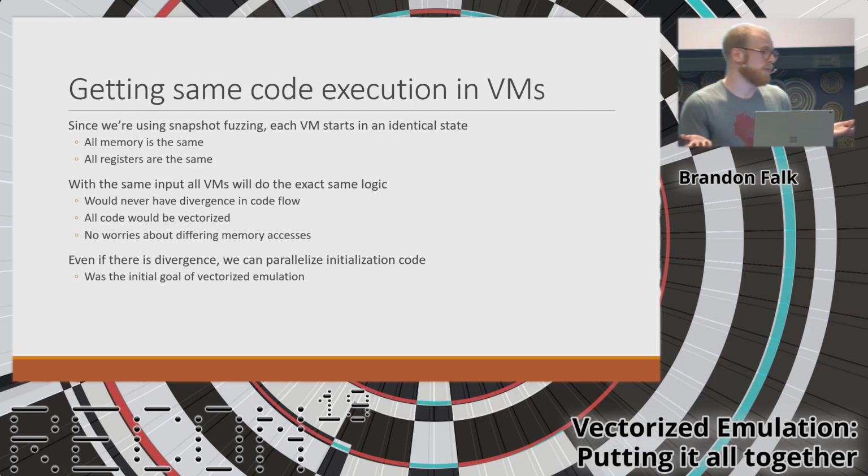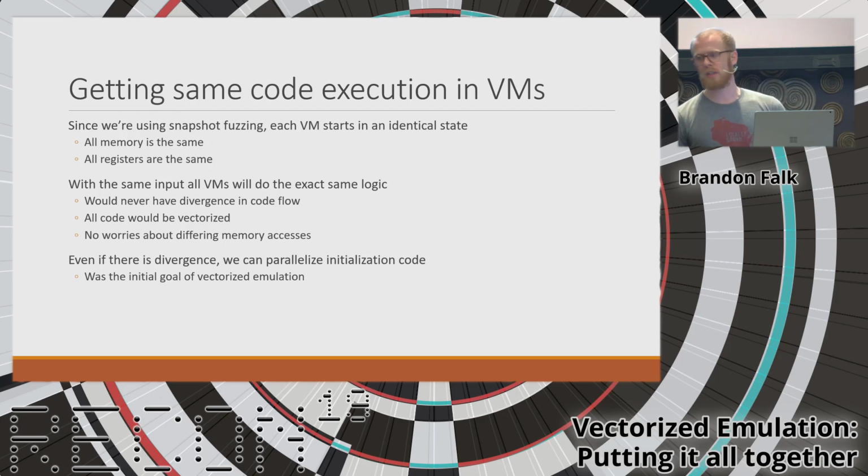You just start them from the same state, and you don't worry about anything until the user input causes something to behave differently. Even when I first was thinking through this, I was trying to figure out what would happen if this isn't theoretically possible. And at least this is useful for skipping the initialization process of a program.